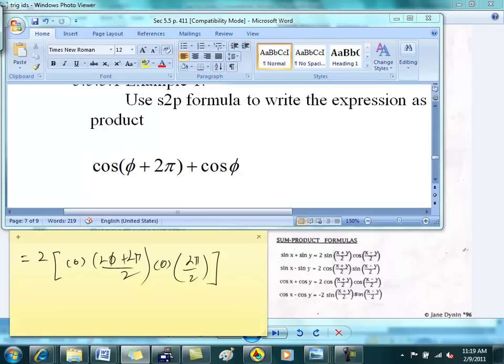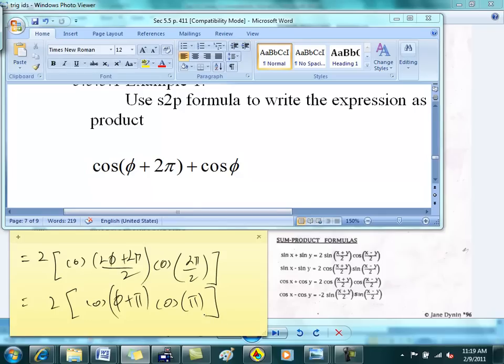Okay, and what you do is you add x and y and divide by 2, and you subtract x and y and divide by 2. So x is phi plus 2 pi, y is phi. Okay, is everybody all right on this stuff? So this becomes 2 cosine of phi plus pi times cosine pi.